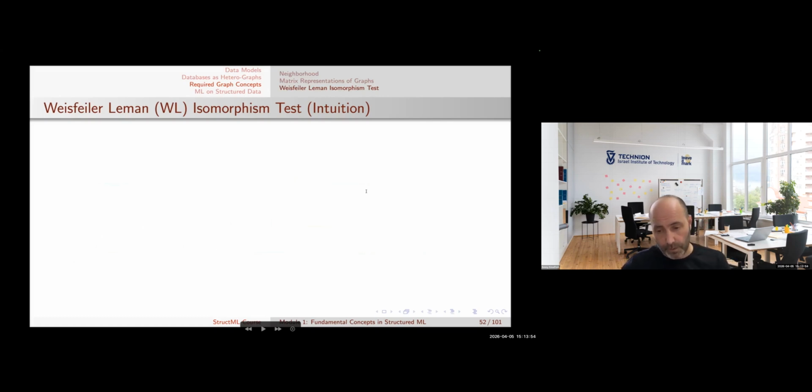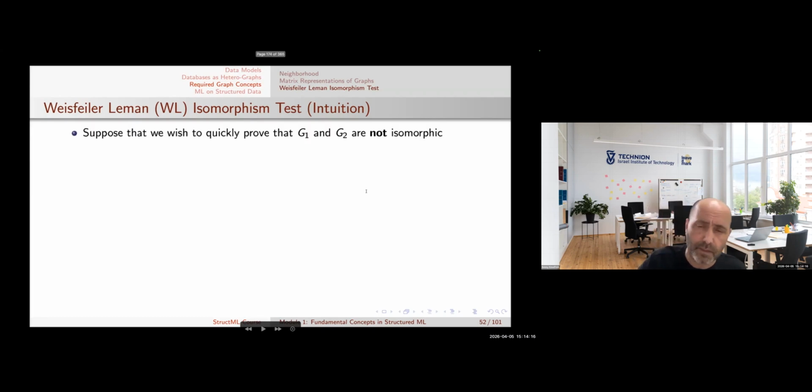If the graphs are isomorphic, then the test will succeed. But the test might also succeed if they are not isomorphic. So the test is not sufficient. If the test says that the graphs look isomorphic, it doesn't necessarily mean that they are isomorphic. And the idea is very simple. Suppose that I give you two graphs, G1 and G2.